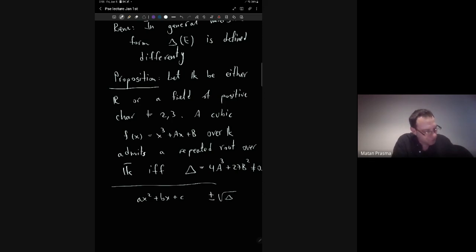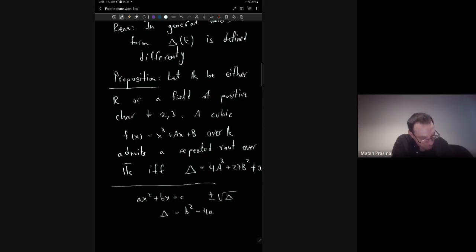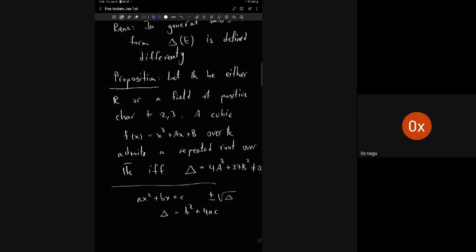I don't want to write the whole formula, but the discriminant in this case would be b squared minus 4ac.